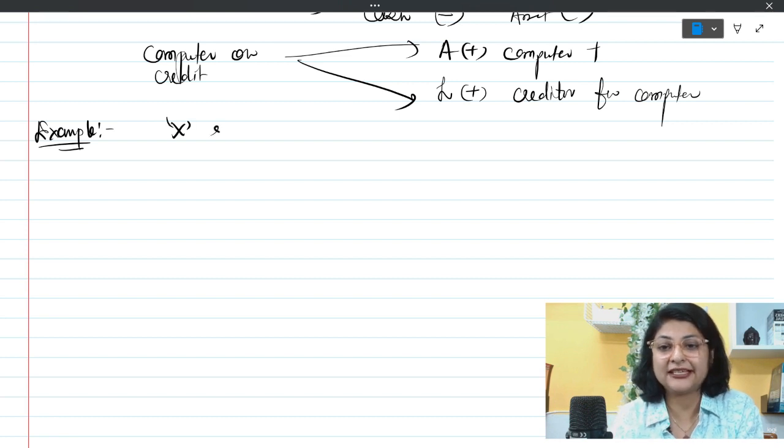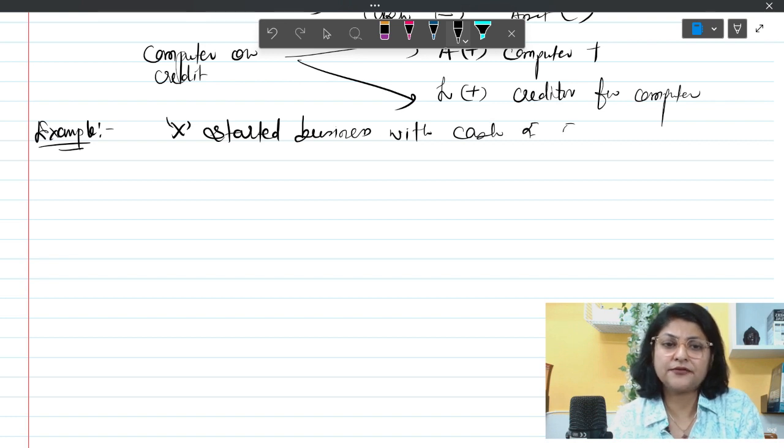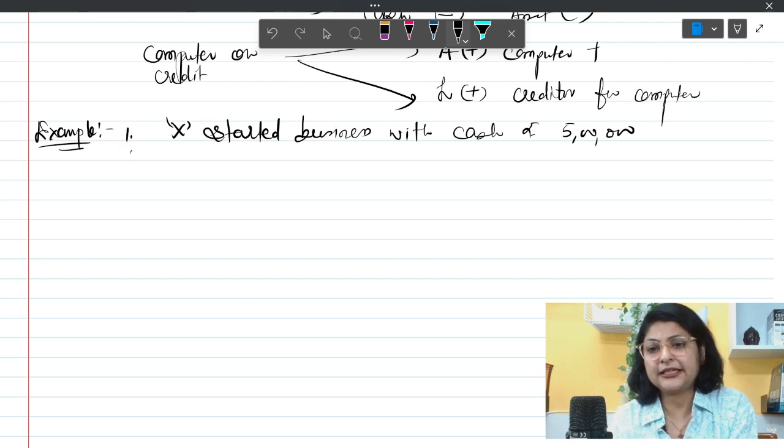I'm writing X started business with cash rupees 5 lakh.